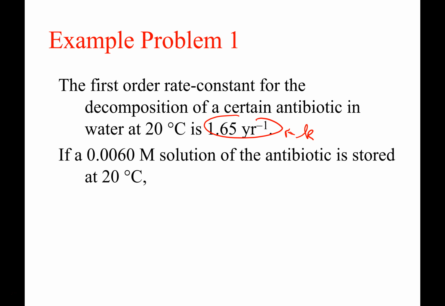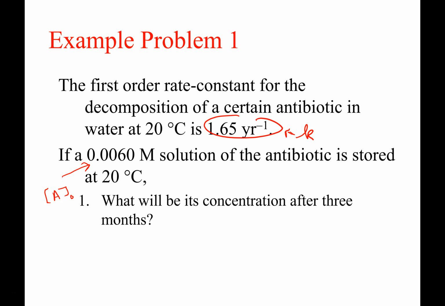Then it goes on to say if a 0.0060 molar solution of an antibiotic is stored at 20 degrees Celsius, and this molar concentration is going to be our initial molar concentration, A0. The question is, what will be the concentration after 3 months?